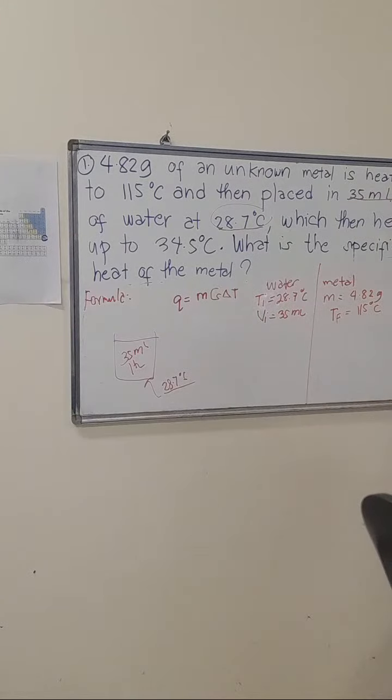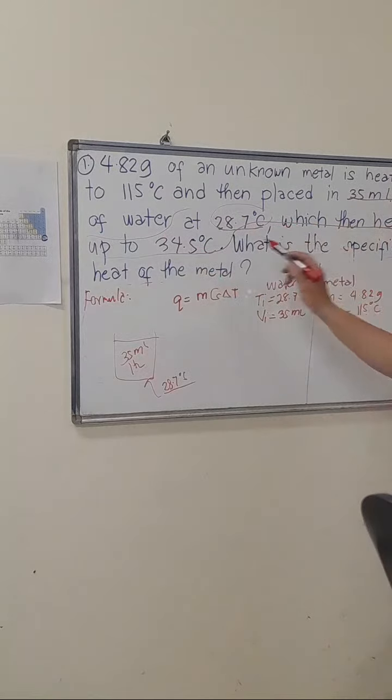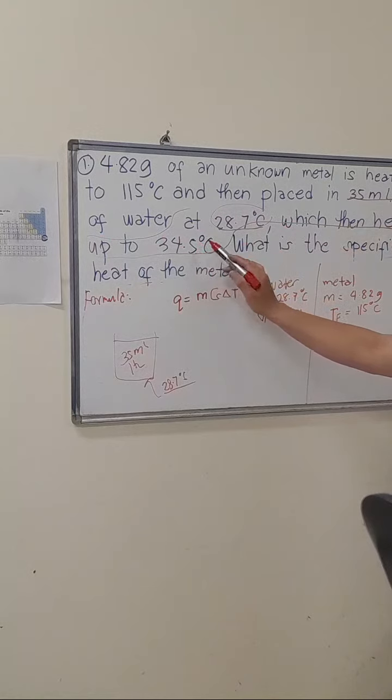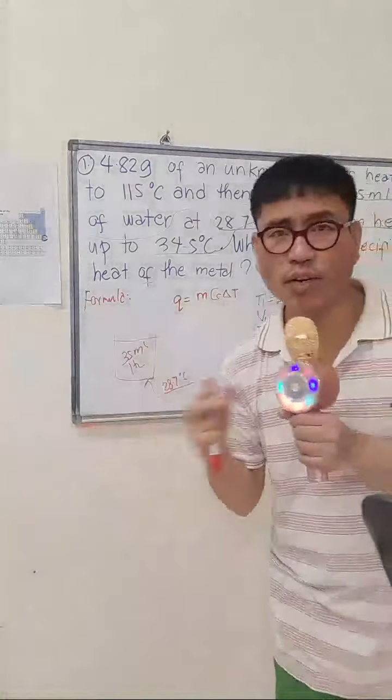Now, which then heats up to 34.5 degrees Celsius. Since the sentence is a continuation, and there's a comma, this 34.5 degrees Celsius is the final temperature of the water. Take a look at how the paragraph or the sentence is phrased. It matters a lot.